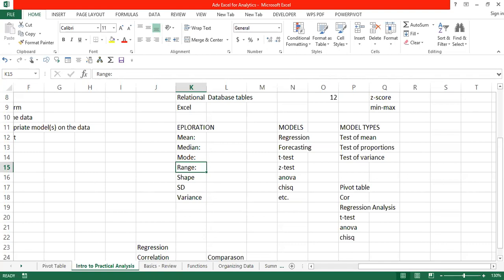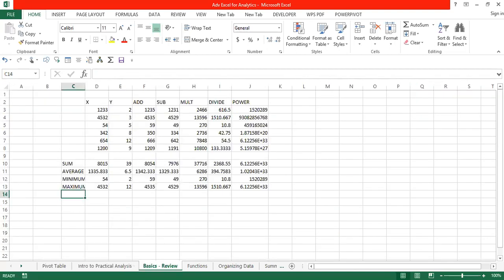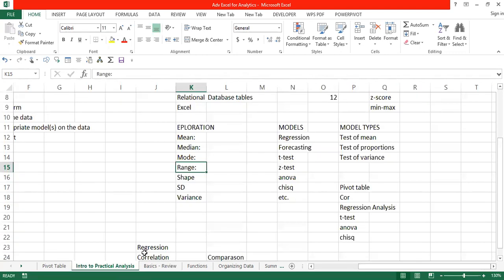Is it clear? The last three, range, variance, and standard deviation, are measures of dispersion or measures of variability.